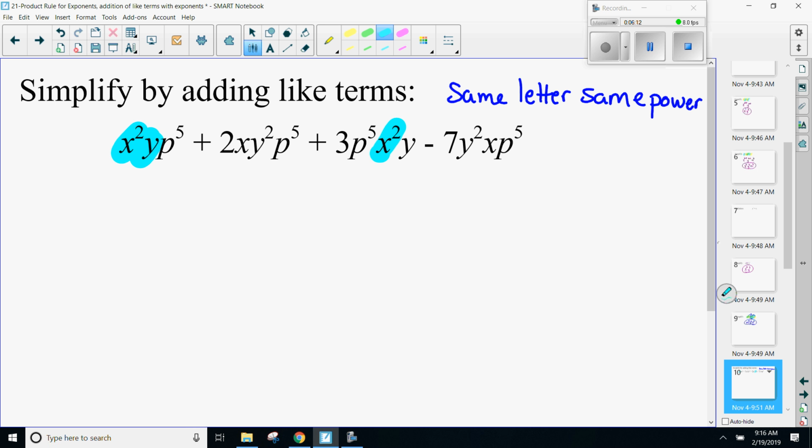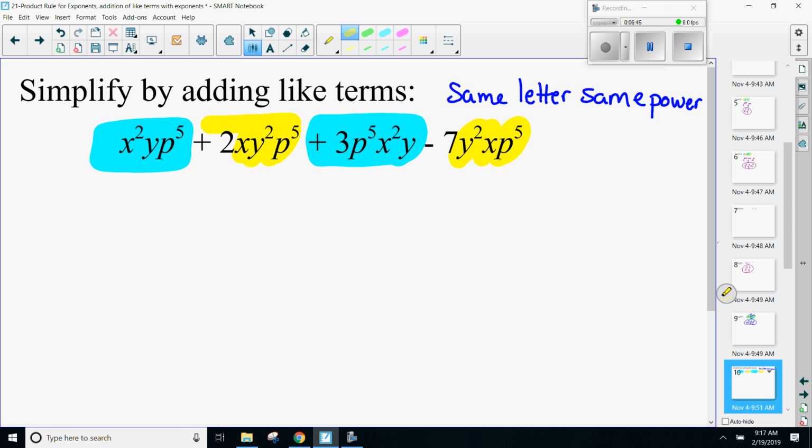So let's look at the next values. You have a y to the first, y to the first, p to the 5th, p to the 5th. So this term right here is the same as that term. X to the first, x to the first, y squared, y squared, p to the 5th, p to the 5th.